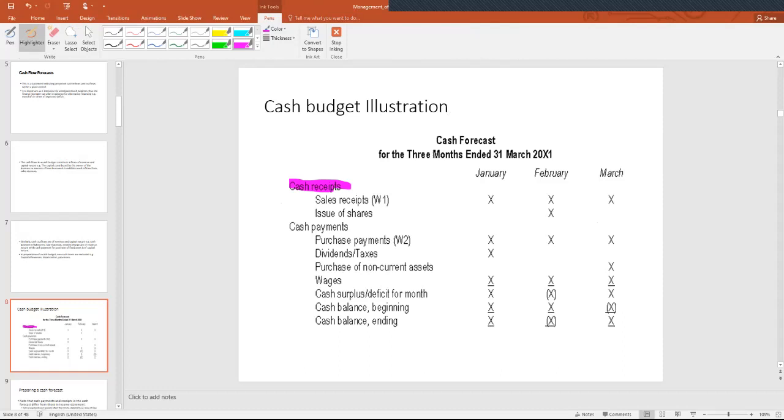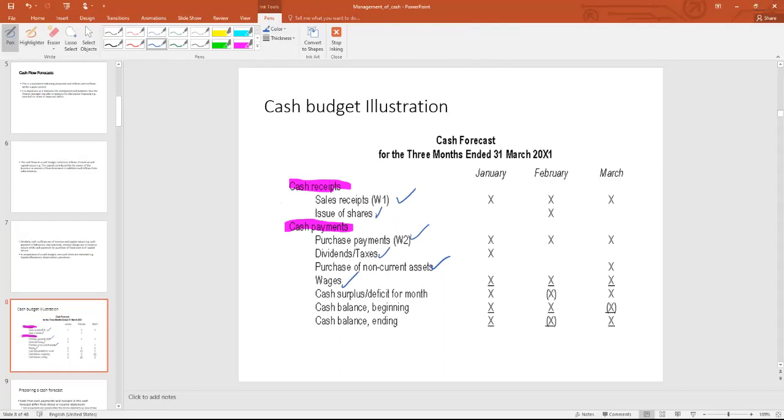Then here, you recognize all the cash outflows. For instance, this is revenue, this is capital in nature, this is payment, this is revenue, this is capital in nature. So you don't make a distinction of whether the cash outflow or the inflow is from capital or revenue source.